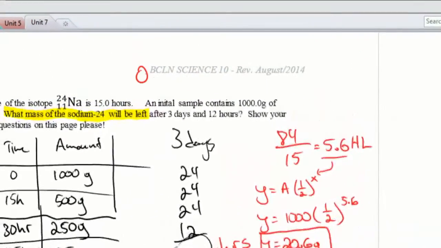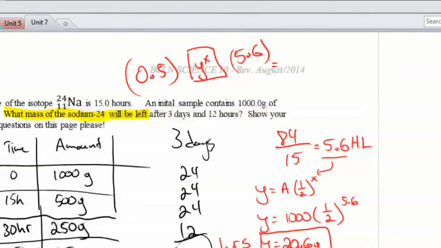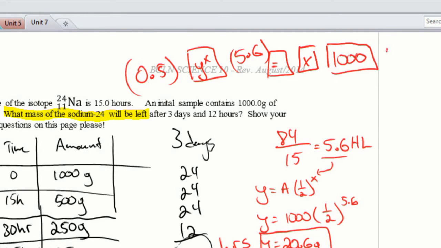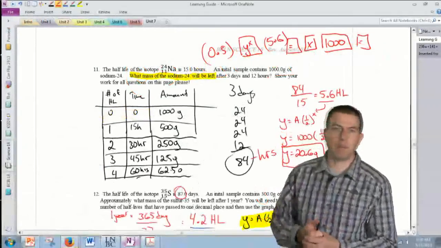So I would go 0.5 on my calculator, and then it's y to the x. And then I would put in 5.6. And then I would hit equals. And then I would multiply it by 1,000. And then hit equals again. And you should end up with 20.6. So kind of working your way backwards.